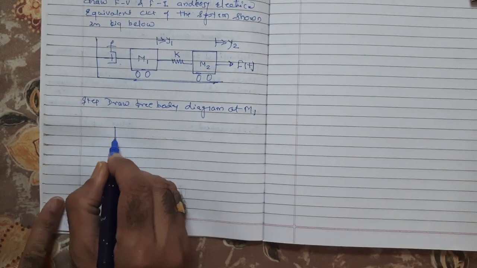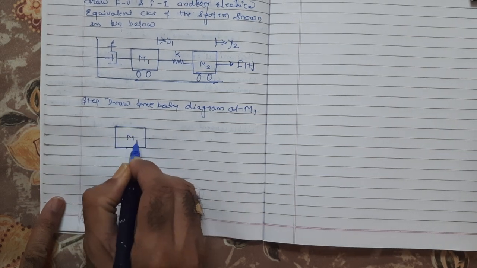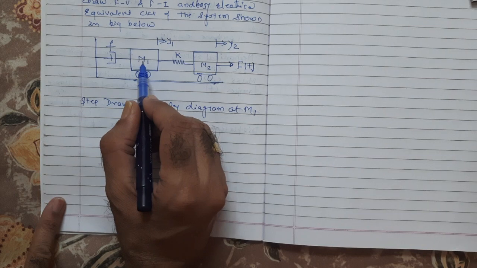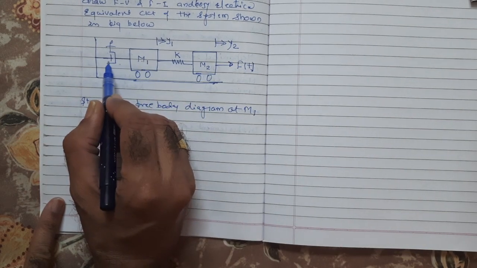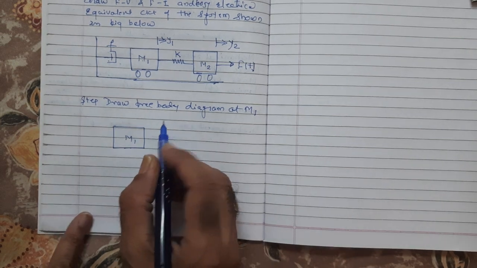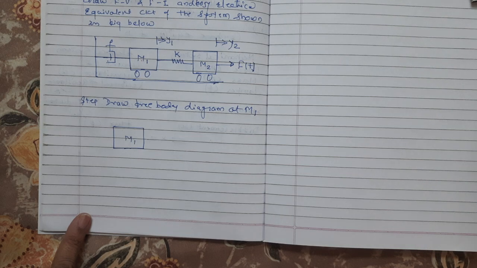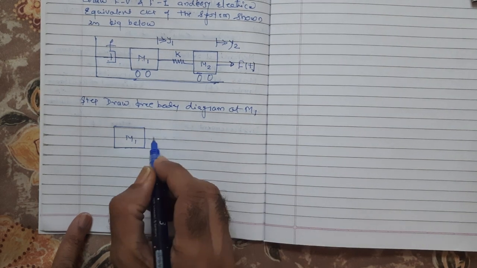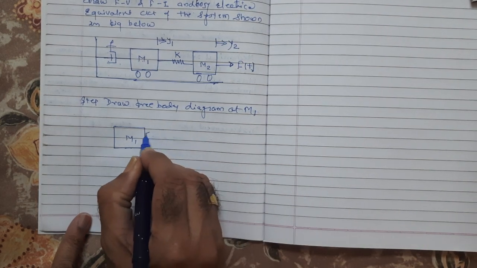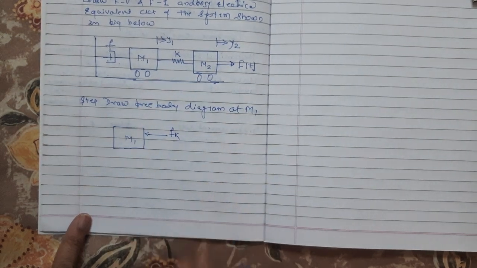See there, at M1 how many components are connected: one is M1, another is K, and the third one is the friction. Now see here, what is the direction of the displacement? It is in the right side direction, so whatever forces are there will act in the opposite direction. This is the force due to K, the force due to the spring.